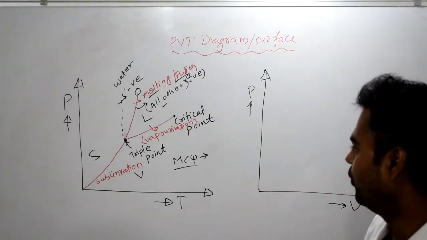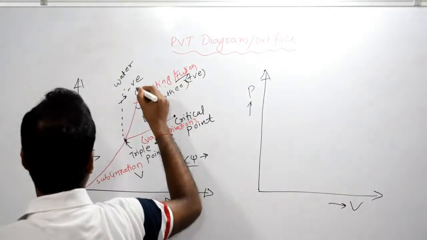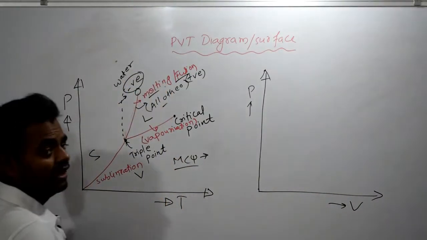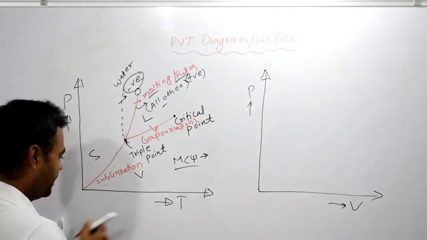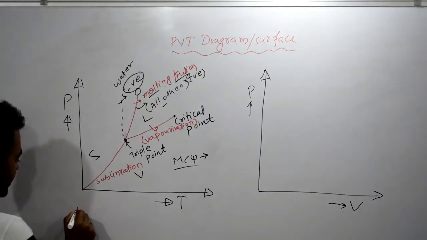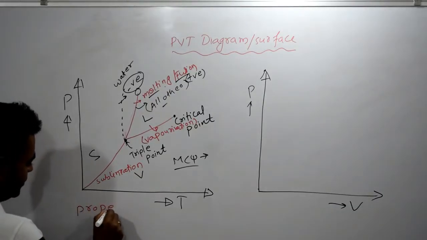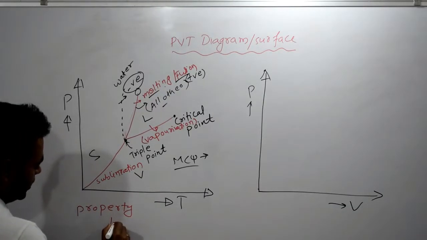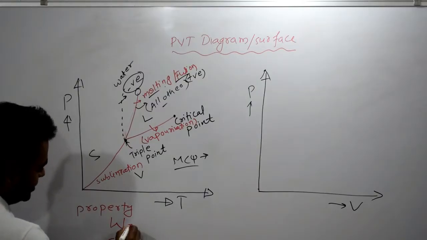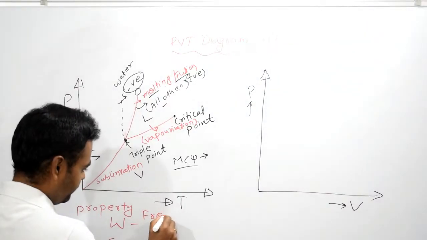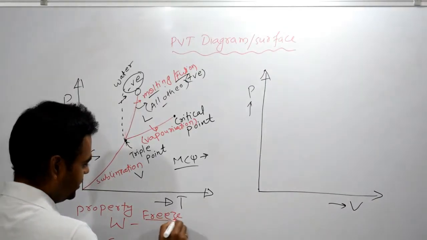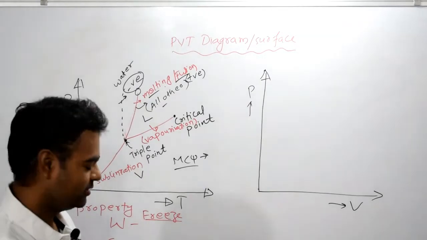This one important point you need to understand: why is there a negative slope? Let me make you understand. If we look at the property of water and other substances, when we freeze, what happens to water?